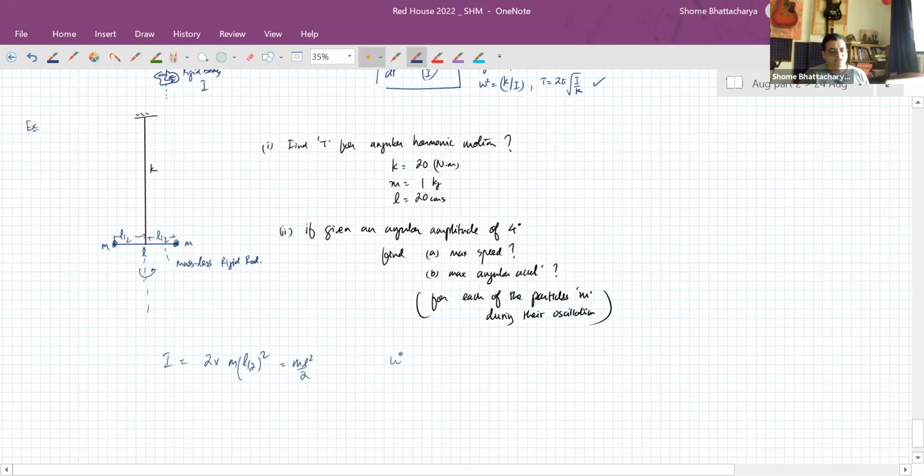So we have the equation d2 theta by dt square is equal to minus k by I theta. So omega square is k upon I, right? So time period is 2 pi root I by k.